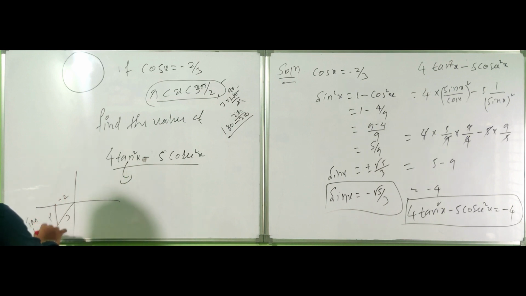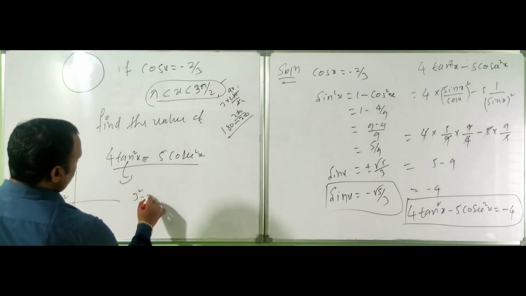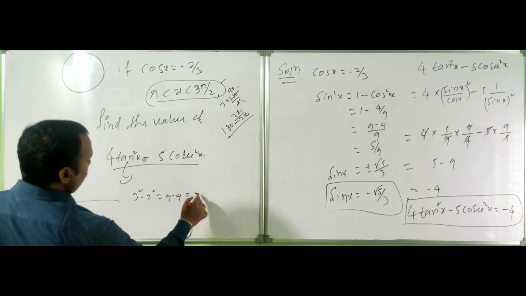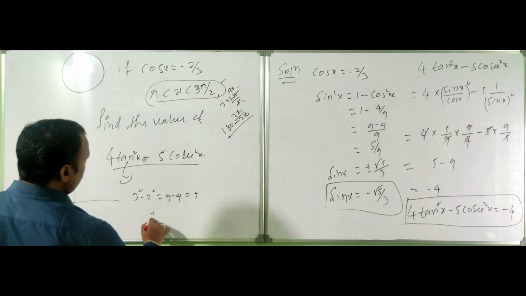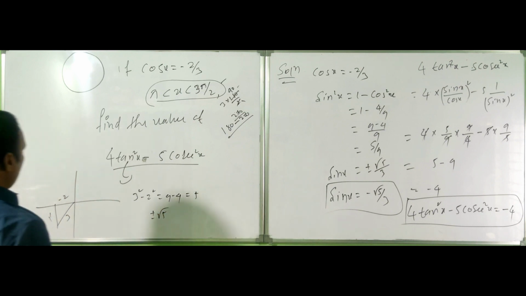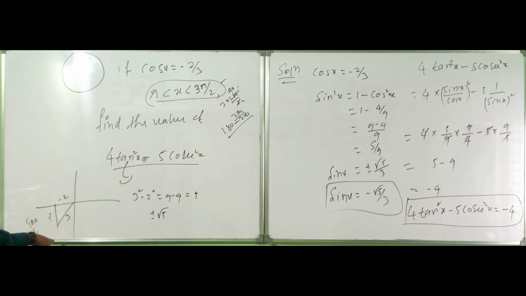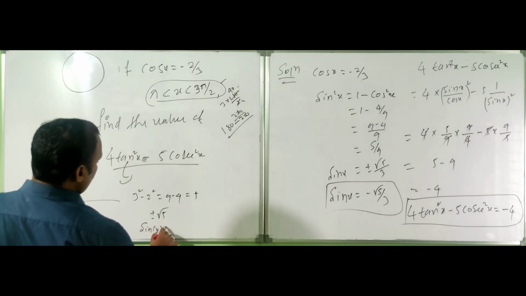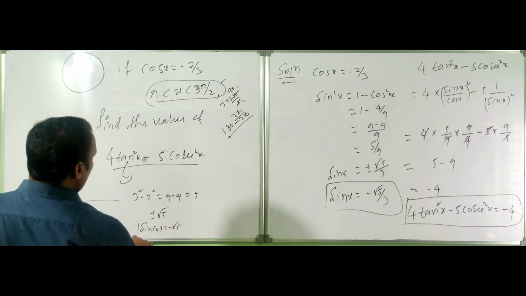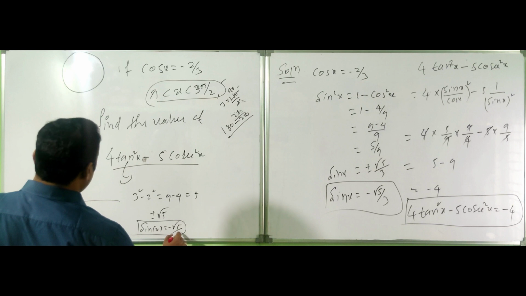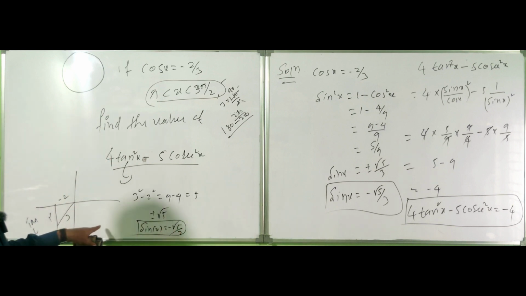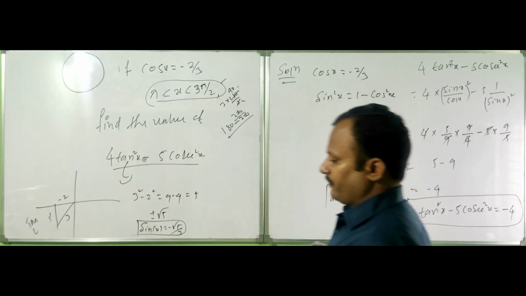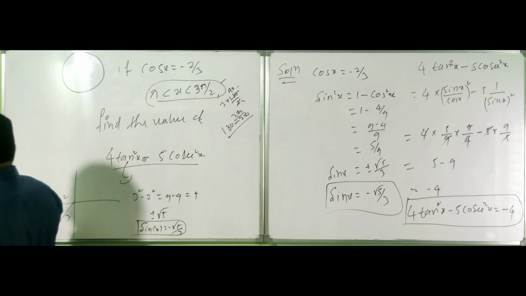So 3 square minus 2 square, 9 minus 4, is 5, so the other side is root 5. In the third quadrant, sin is negative, so the value of sin x is equal to minus root 5 by 3. In this method also we can take the right angle triangle or Pythagoras theorem, or in the formula method also you can do it.